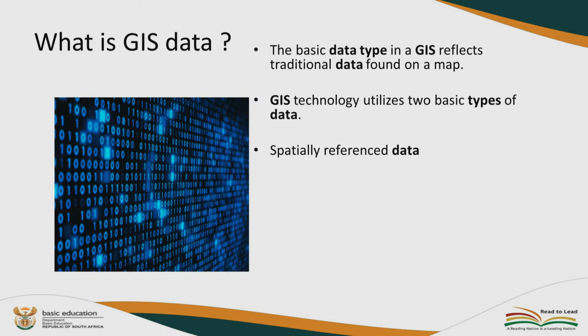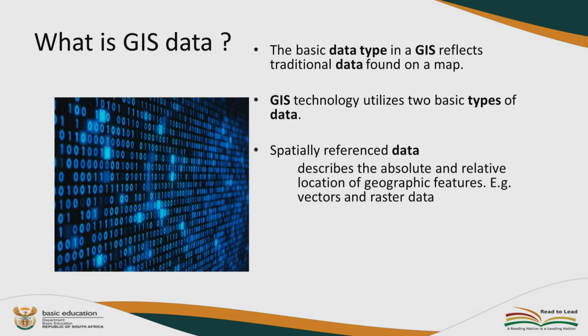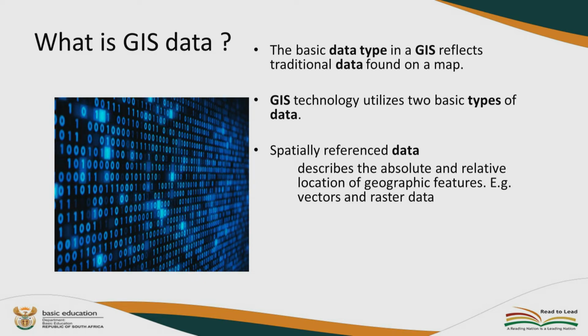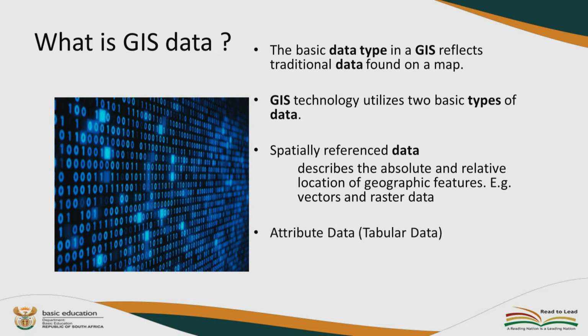Spatially referenced data. An example of spatially referenced data is absolute and relative location, what we've become familiar with as vector and raster data. Now, these are normally represented as lines, points, and polygons, as well as the other form of data, attribute data. These are more descriptive data.